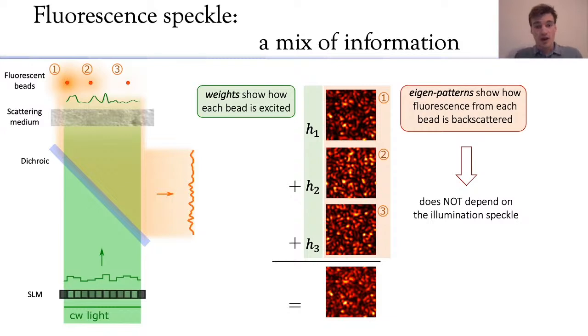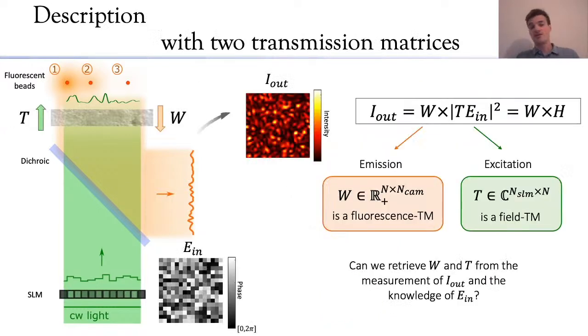And now if we try to translate it with the matrix formalism, what we can say is that we have 2 independent things, the excitation and the emission. And we can say that it's a matrix multiplication between W and H. W is the way light is backscattered by the medium, so from the beads to the camera, and H is the intensity matrix, from the spatial light modulator to the plane of the beads.